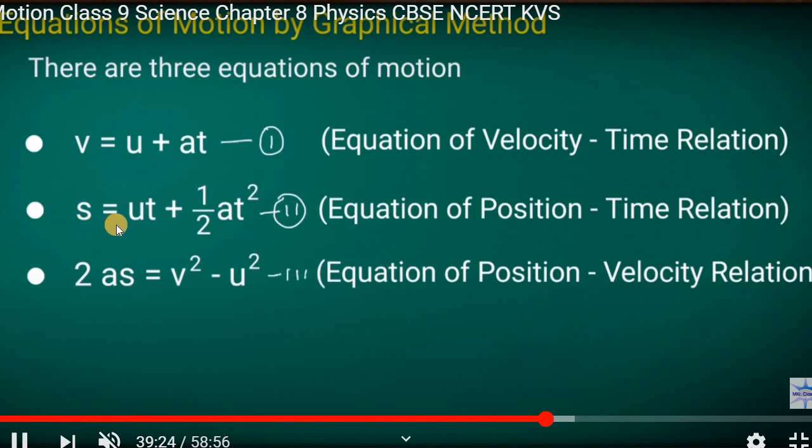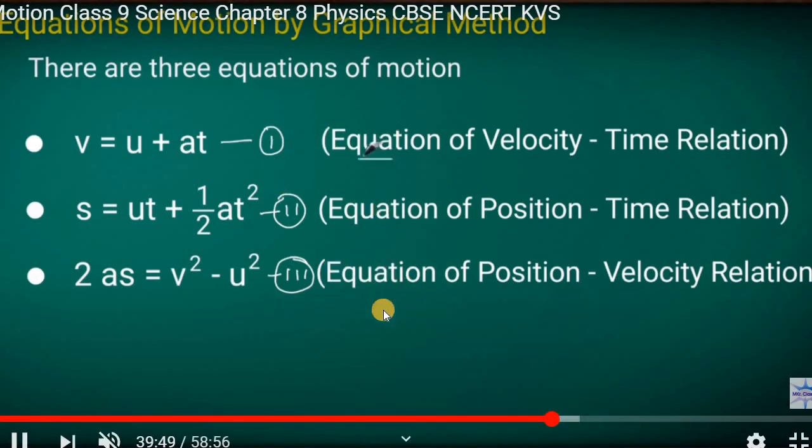The second equation is S is equal to UT plus 1 half AT square. And the third one is 2AS is equal to V square minus U square. The first is called the equation of velocity versus time relation, the second the equation of position versus time relation, and the third the equation of position versus velocity relation.